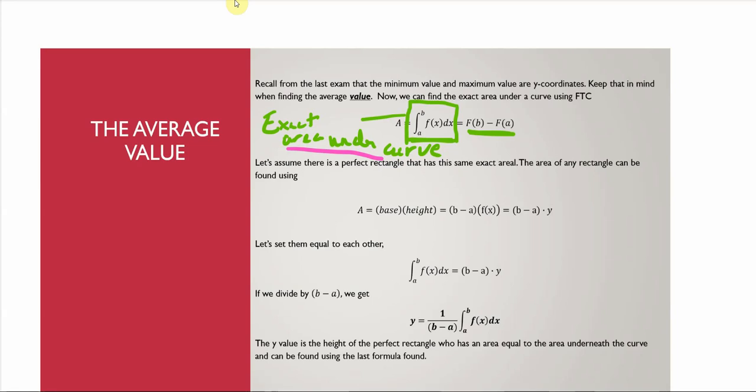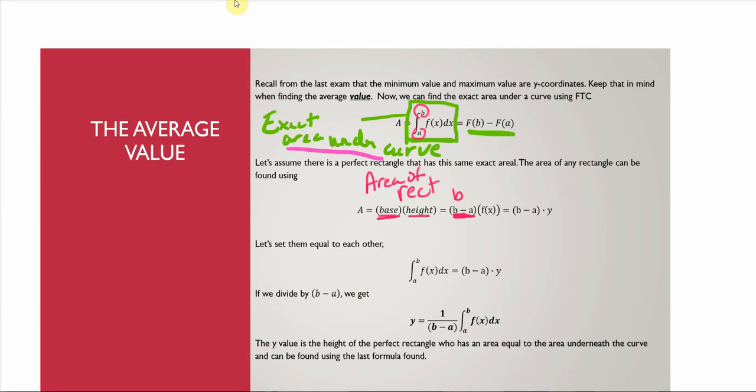And the base, I'm going to use a and b. The base is going to be b minus a. Base times height is the area of a rectangle. So now I know the base of that rectangle is going to be b minus a.